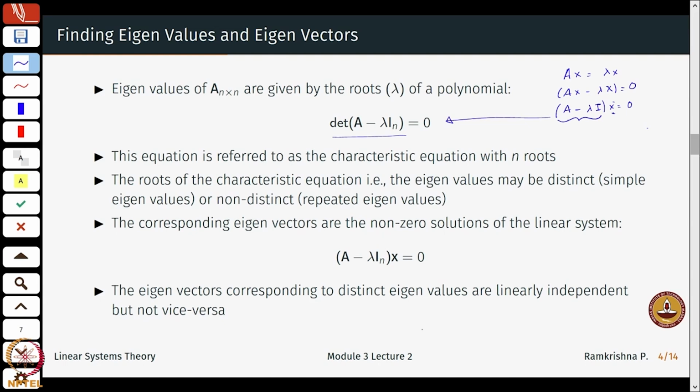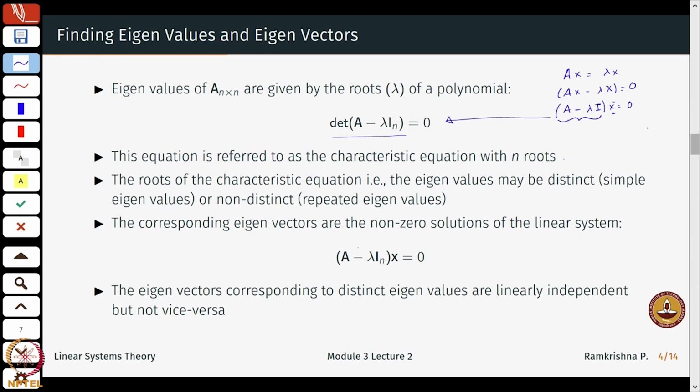And this equation is also referred to as the characteristic equation of matrix A. Okay. The roots of this equation are called the eigenvalues. They may be distinct, they may be non-distinct, they may be real, they may be imaginary, it might be a value 1, it might be value 0, and so on. Okay.